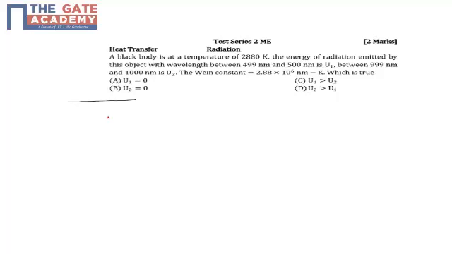Before coming to this question, we need to understand, because we don't know at this temperature at what wavelength it emits maximum radiation. So this can be known easily by Wien's displacement law in radiation. Displacement law basically says lambda max, that is the wavelength at which it emits maximum radiation at a given temperature.